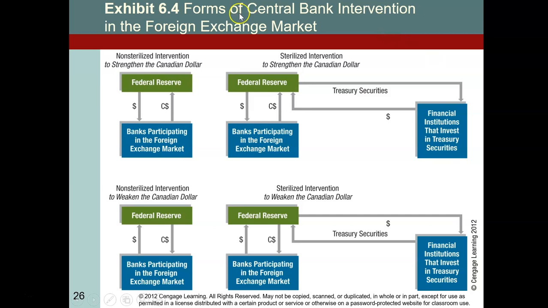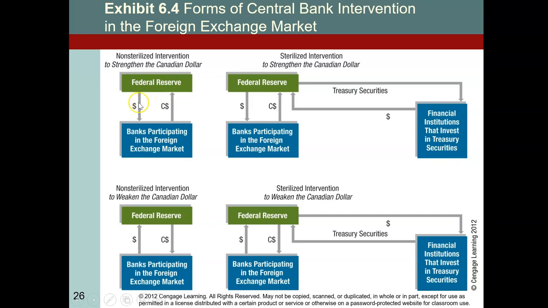Here shows us forms of central bank intervention in the foreign exchange market. We first have non-sterilized intervention to strengthen the Canadian dollar. The Federal Reserve can work with banks participating in the foreign exchange markets.